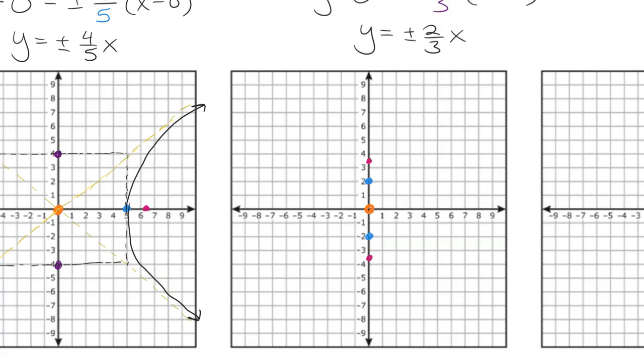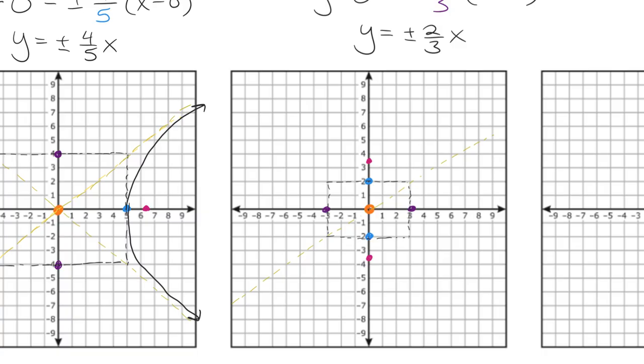I then know that my B value will help me find the side-to-side distance from the center. My B value was 3, so I'm going to go 3 to the left and 3 to the right of my center so that I have the box and I can draw my asymptotes. If I draw my asymptotes going corner to corner of this box, oof, that's not straight.